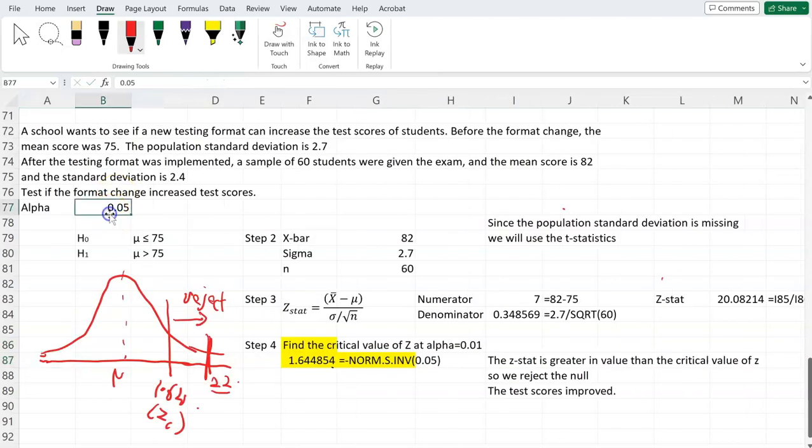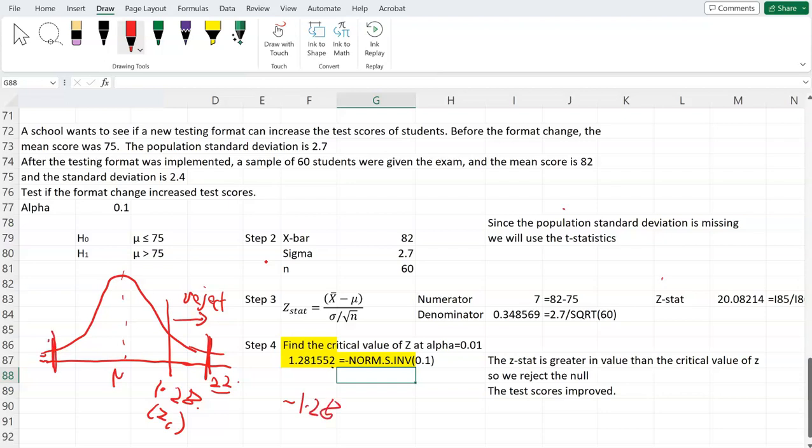Lastly, if I do an alpha of 0.1, then for my critical value of z at alpha equals 0.1, I need to update that to 0.1, and I get 1.28. So this number will be 1.28. Just a recap, there is a negative sign in front of here because if I did not put the negative sign, I would get negative 1.28, which would be this one.